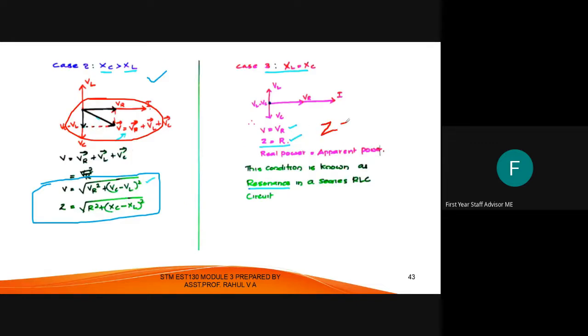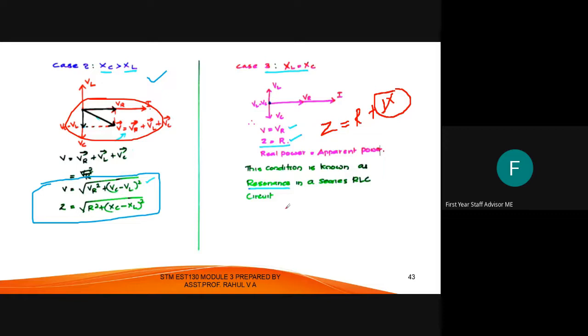The impedance formula was resistance plus jX. Since the reactive components cancelled each other, the jX term is 0. I can write impedance is equal to simply R.